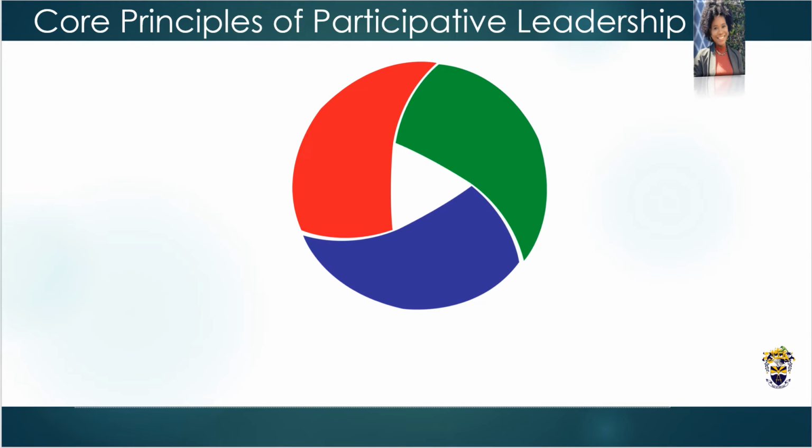The core principles of participative leadership. Based on our readings, when we consider the different types of participative leadership, three core principles came out. One, openness. In each case, the leader accepts suggestions on the particular issue to help in the final decision making. And two, as the saying goes, teamwork makes the dream work.